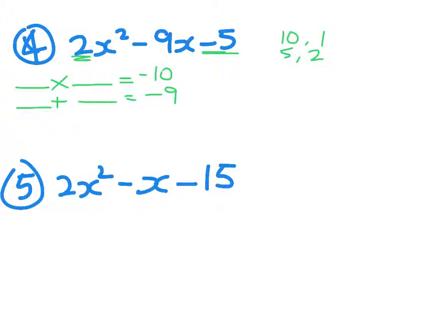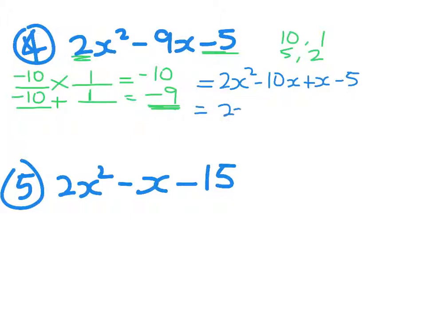So if we want them to add to negative 9, we're going to have negative 10 plus 1. Negative 10 times 1 gives me negative 10. So we can split that middle term up into 2x squared minus 10x plus x minus 5.